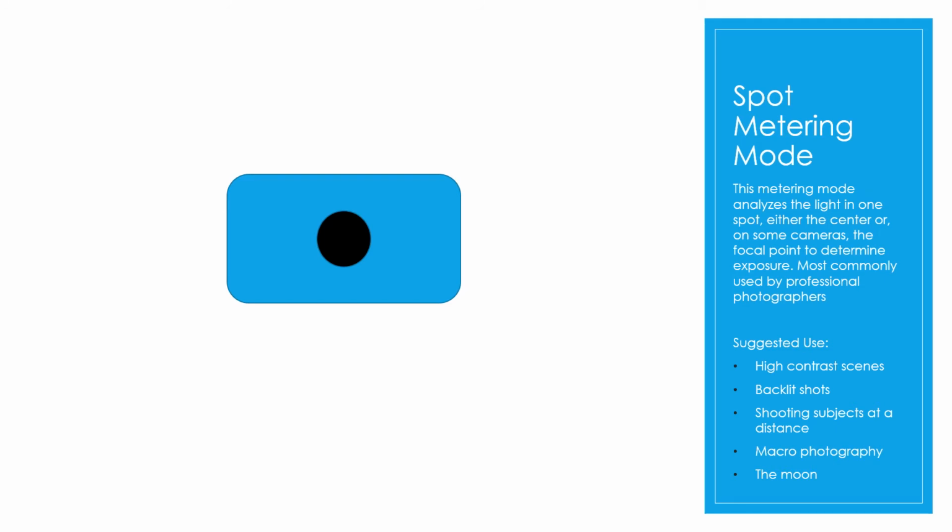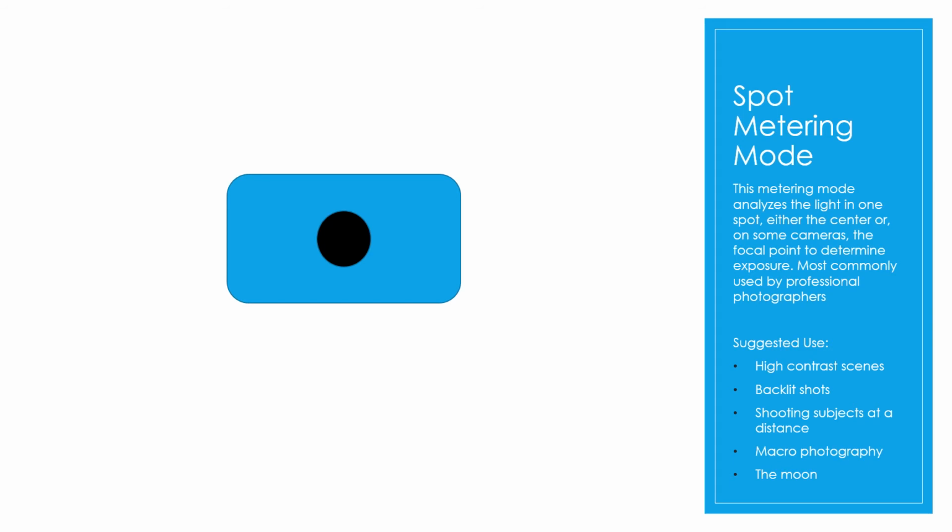Spot metering mode is going to analyze the light around 1 to 5% of the total overall frame of the image. So this is really great if you want to ensure that your subject is properly exposed in high contrast scenes, backlit shots.